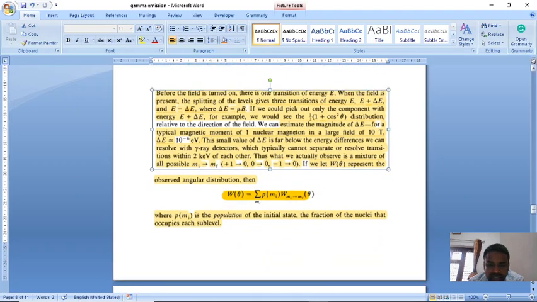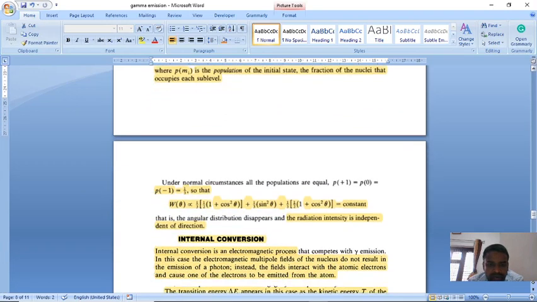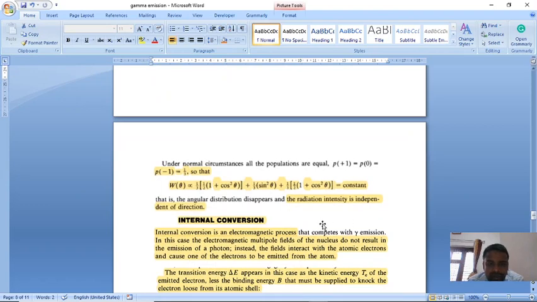Under normal circumstances, all the populations are equal. P of plus 1 equals P of 0 equals P of minus 1, which is equal to 1 by 3. So that W of theta is proportional to 1 by 3 into half into 1 plus cos square theta, plus 1 by 3 into sin square theta, plus 1 by 3 into half into 1 plus cos square theta, which is a constant, right? That is, the angular distribution disappears and the radiation intensity is independent of direction.